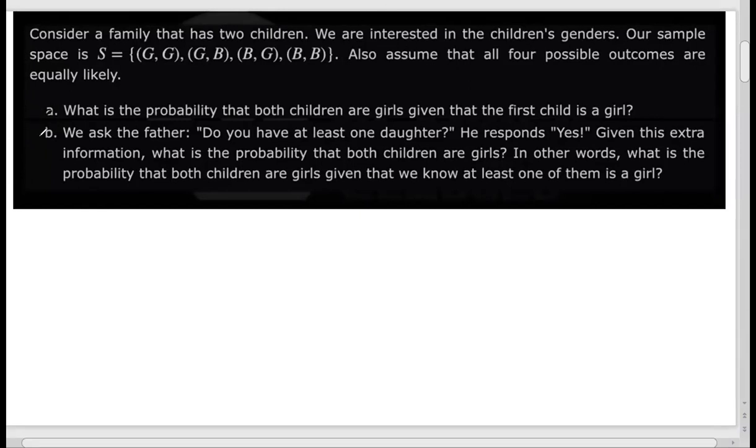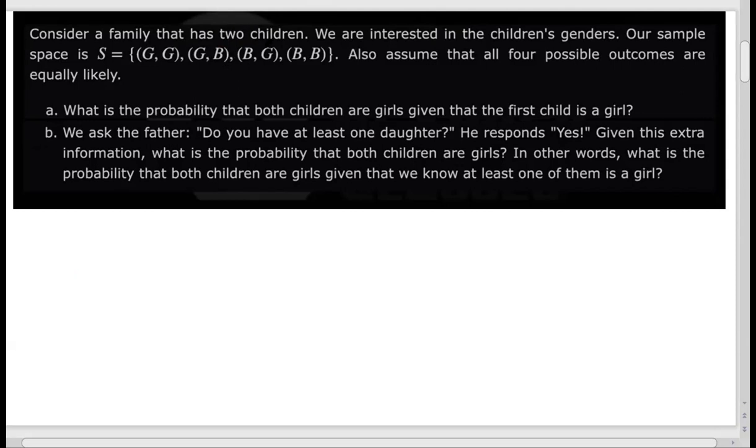These are two different questions. Let me change the color here.